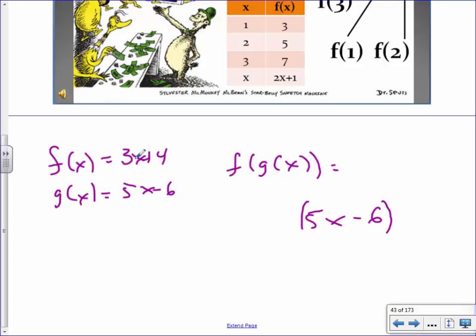What is the f(x) equation? Well, the f(x) equation is take 3 times an answer and add 4. But my answer would have been whatever this thing here would have been. So it's going to look something like this: 3 times that, plus 4.